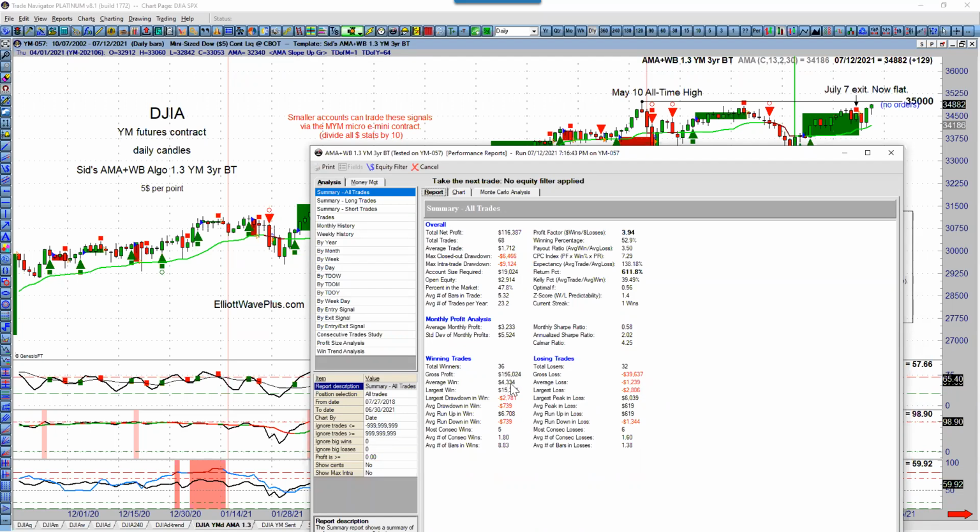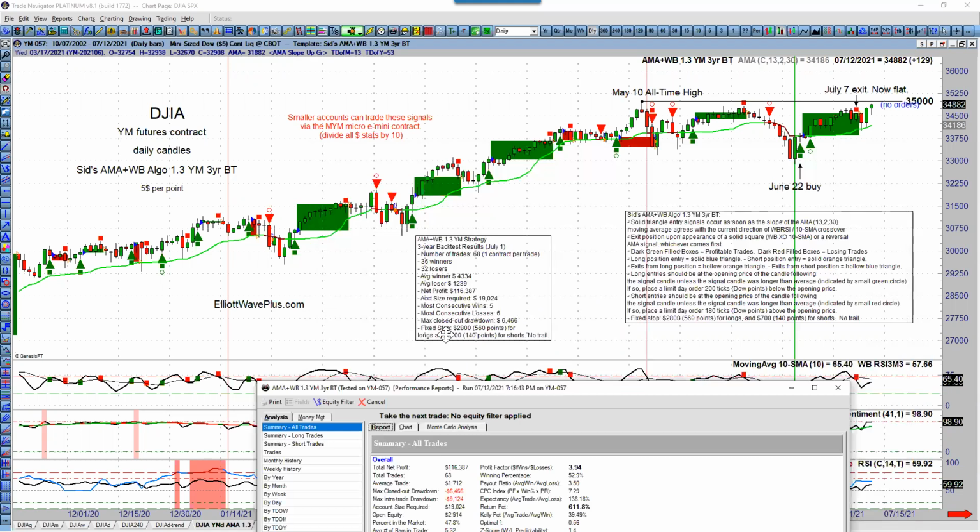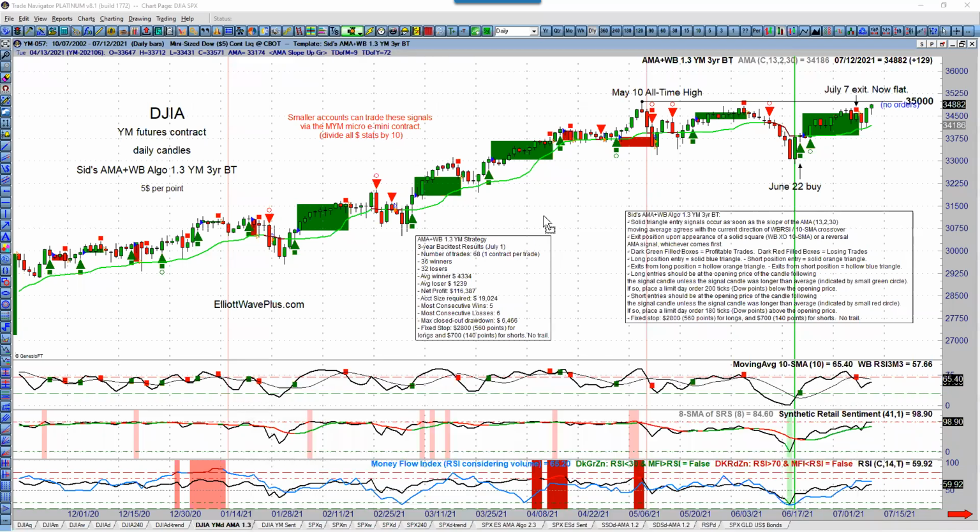It would be $433. The average loser would be $123. So on and so forth. The fixed stop size wouldn't be $2,800. It would be $280 that you would risk on each trade using just one micro E-mini at a time. So it all depends on how big your account is. And with these relatively new micro E-mini contracts, you can get as granular as you want based on your account size.